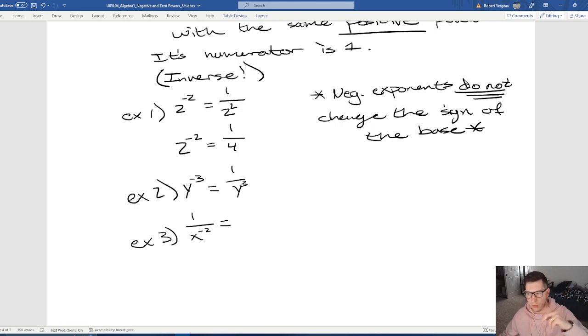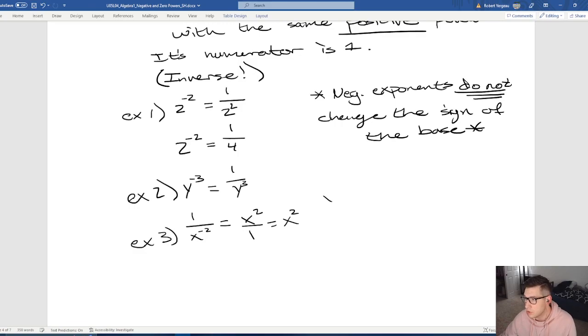Wherever this is, it's going to change positions. And so if it's starting in the denominator, it's actually going to jump up to the numerator. And so this is going to turn into x over 1. And again, I make my power positive. And so I'm going to end up with just x squared.